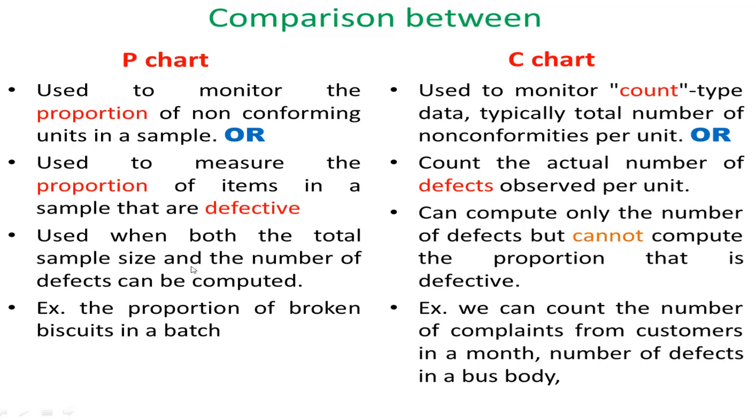The P chart is used when both the total sample size and the number of defects are computed or can be computed. The C chart is used only when counting the number of defects, but not for computing the proportion of defects. So remember this, a defect is different and the proportion of defective components is different. Example for P chart, proportion of broken biscuits in a batch. Example for C chart, number of defects in a bus body.